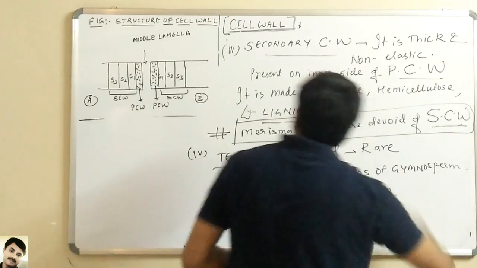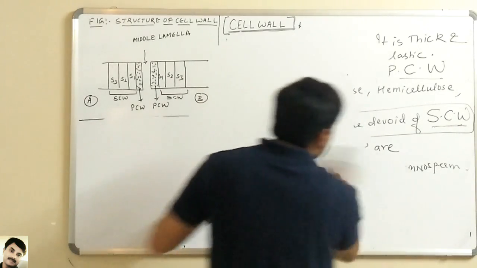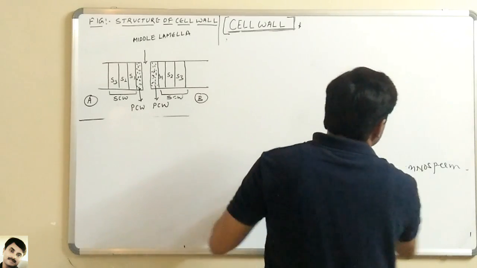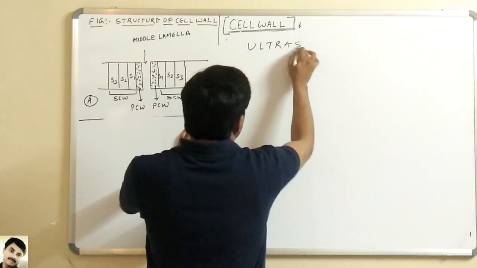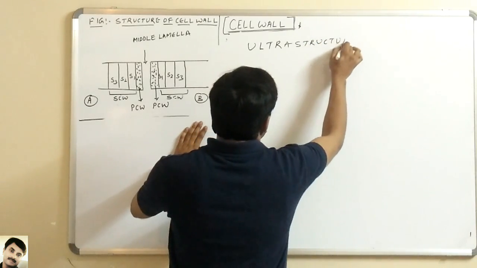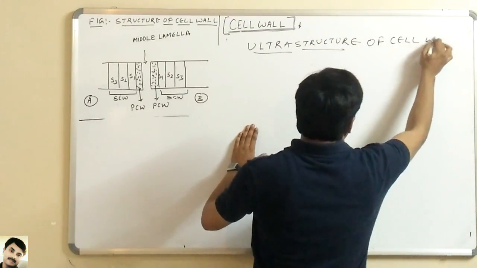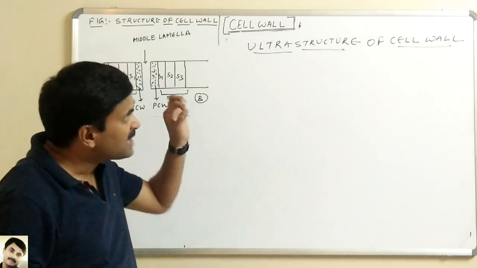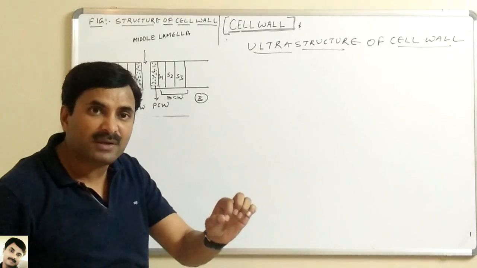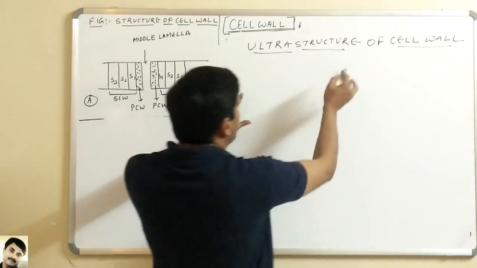Okay, now let's have a look at the second one, that is the ultrastructure of the cell wall. In ultrastructure, we will explain that the cell wall is composed of cellulose.